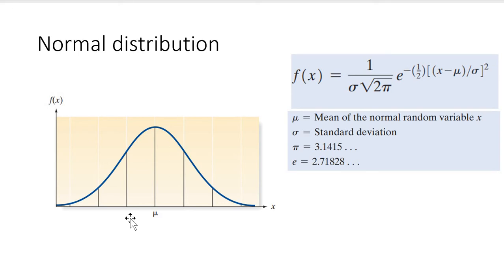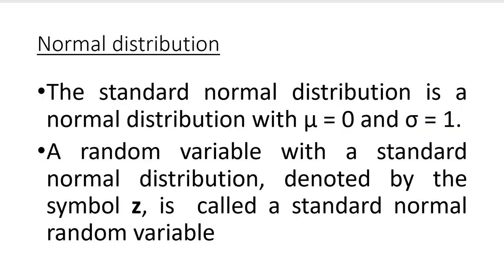So yeah, as I mentioned before, we know that any continuous numerical variable is likely to be normally distributed. Again, this is like a fundamental property of the data. And standard normal distribution is a normal distribution with mean equal to 0 and sigma equal to 1. A random variable with a standard normal distribution will be denoted by symbol z and will be called a standard normal random variable.